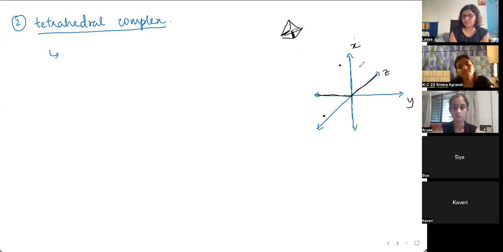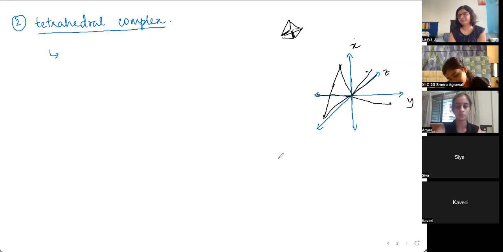And the fourth is over here, in this quadrant. So it's like 1, 2, 3, 4 tetrahedral.